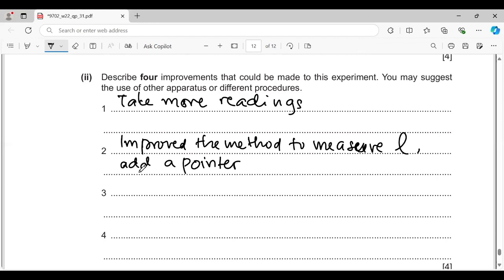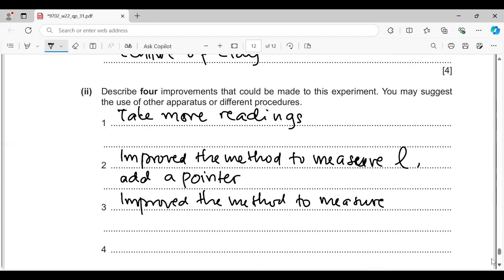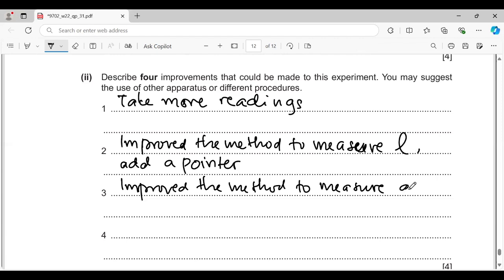Okay. Number three, improve the method to measure the angle.